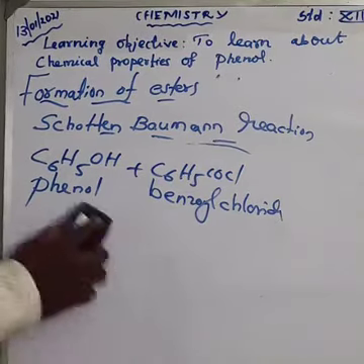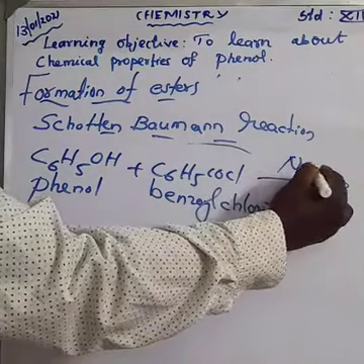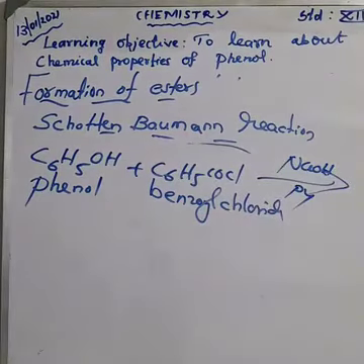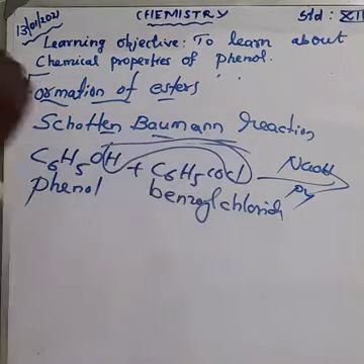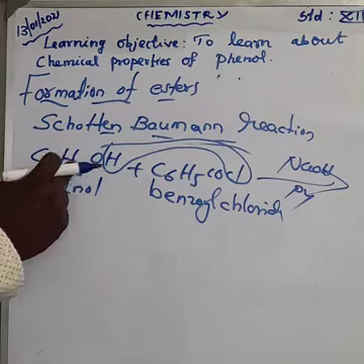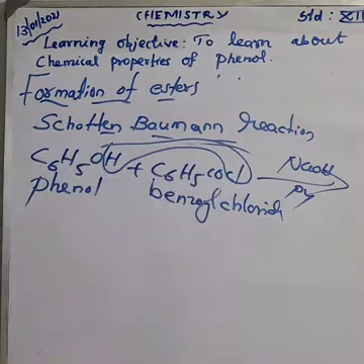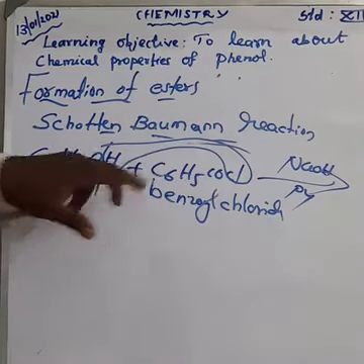Anyhow, in the presence of sodium hydroxide, the hydrogen combines with Cl to form hydrochloric acid. What is the remaining product? C6H5COOC6H5.